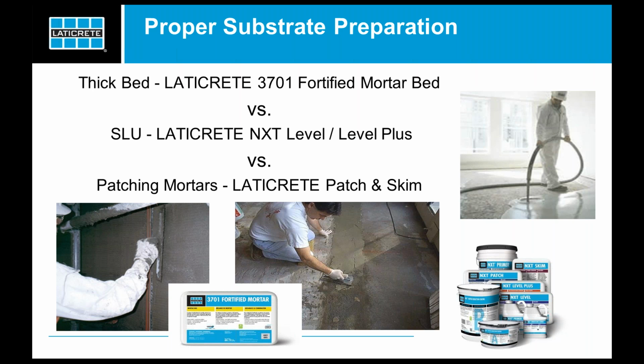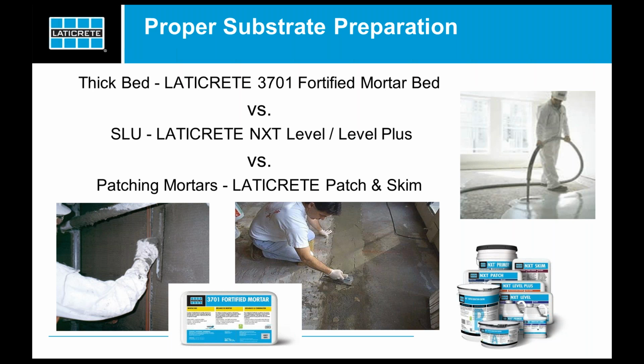So we have moisture mitigation products, we have patches, skim coats, various types of self-levelers that can go up to different thicknesses. So you can prepare a floor in any regard that you might need. So if speed is a factor, usually the self-levelers are the better way to go.